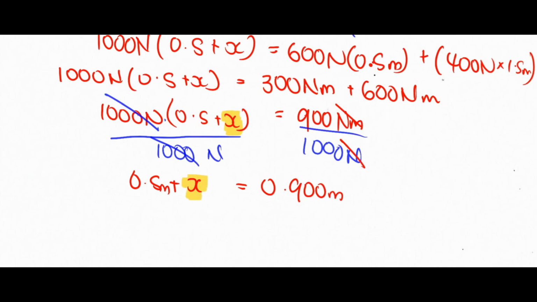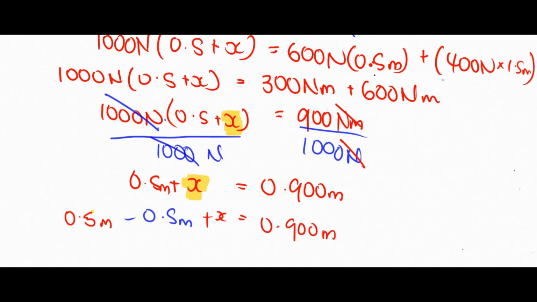In order to get rid of that 0.5, since it is positive, we'll subtract 0.5 from that side of the equation. So you'll have 0.5 meters minus 0.5 meters plus x is equal to 0.900 meters.